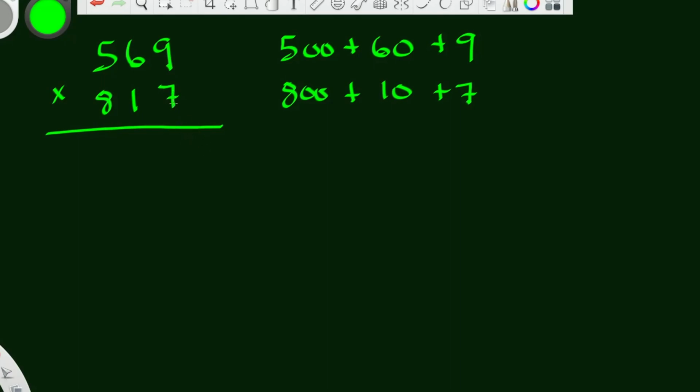Start off with the ones column on the bottom. 7 times 9. If this is difficult, you can use your multiplication chart. Remember, keep on doing extra math. This is what's really going to help you. Right here, extra math. This is where it helps. So 9 times 7, 7 times 9 is 63. I'm going to put a 3 there. Carry over a 6 there. 7 times 6.